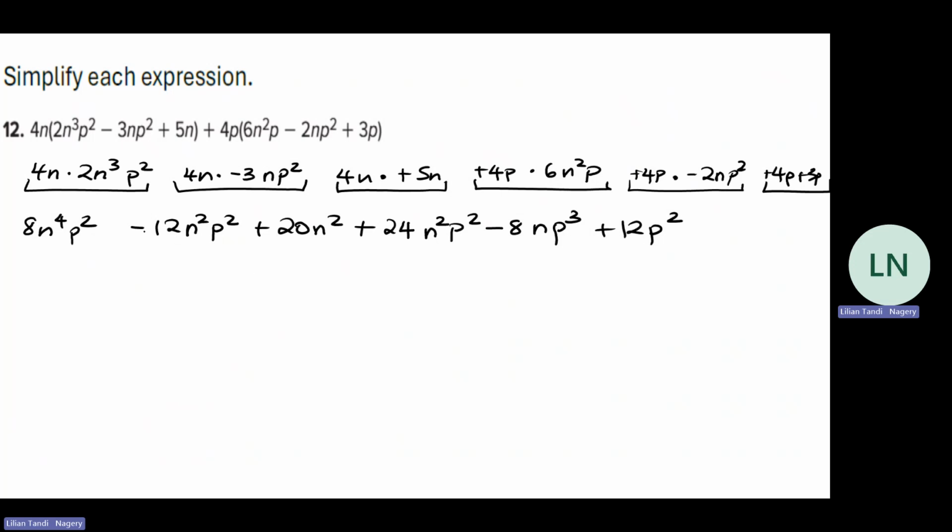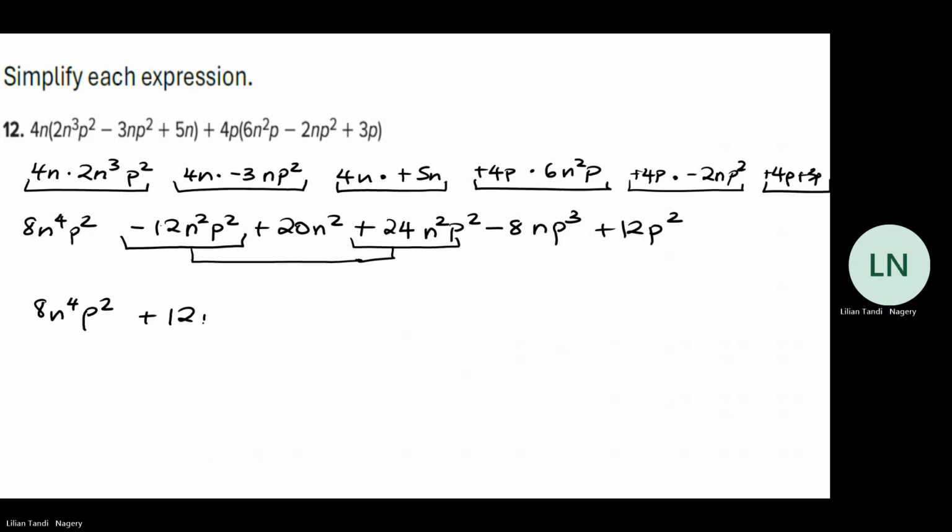Then I look for friends. This person is friends with this person. Negative 12 plus 24 is positive 12. So 8n to the fourth power p squared plus 12n squared p squared.